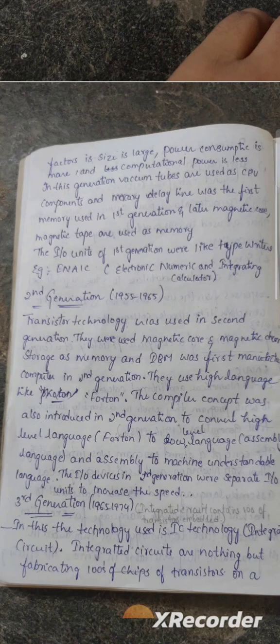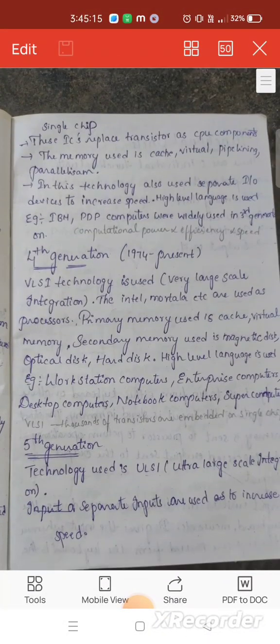The third generation lasts from 1965 to 1974. In this, the technology used is IC technology, meaning integrated circuit. Integrated circuits are nothing but hundreds of transistors fabricated on a single chip. ICs replace transistors as CPU components. The memory used is cache, virtual memory, pipelining, parallelism.